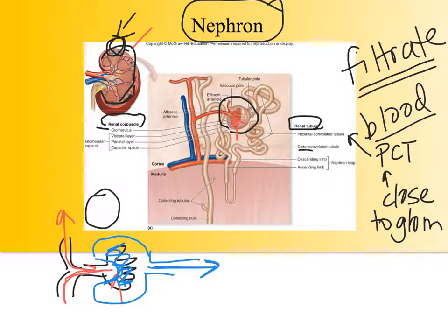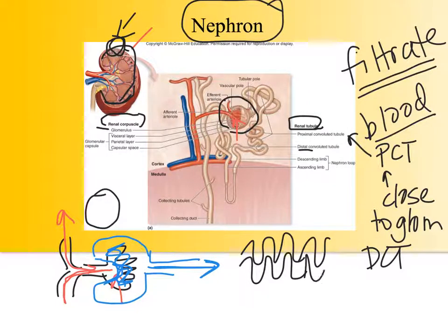Distal means it's further away from the glomerulus, so the distal convoluted tubule is DCT. If something's convoluted, it's a mess, like a tangled up ball of string. That's the way these are.